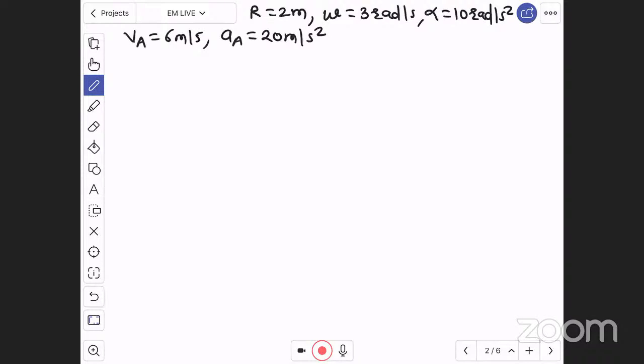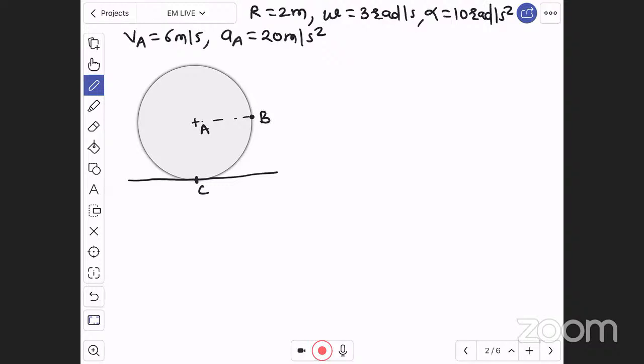And you can see the wheel is like this, right? This is a wheel, and A is the center point of the wheel. The wheel is rolling over the ground, and the point of contact between the wheel and the ground is C. Then there is a B point, the right extreme point.